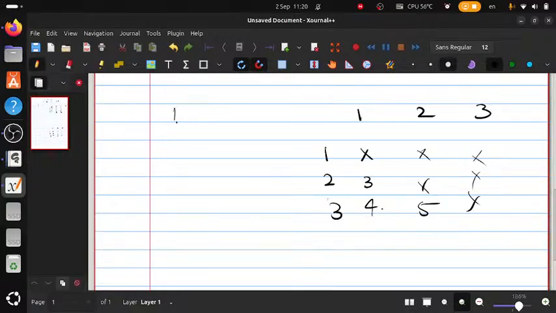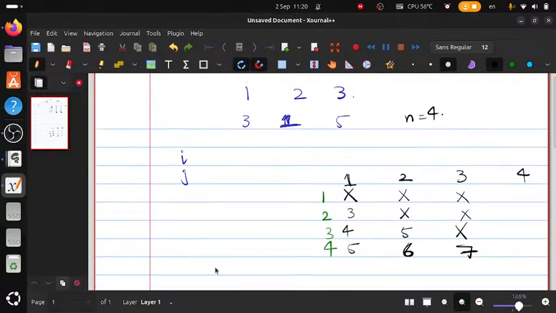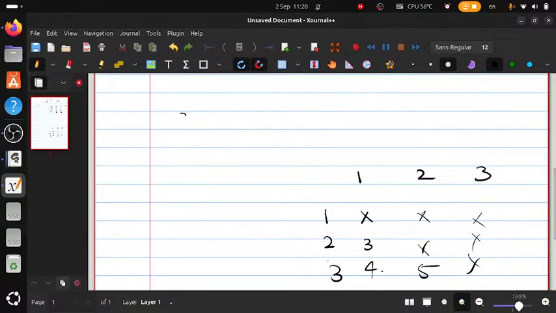So the products are 3, 1 and 5, right? Now if we multiply this, 1 and 1 is 9. Right, so 1 and 2, we have 1 and 3, which is 15.